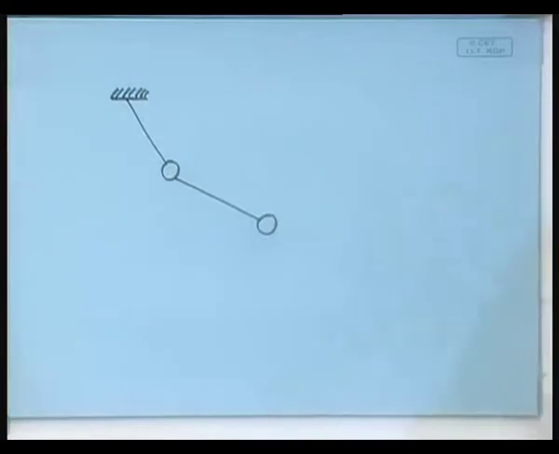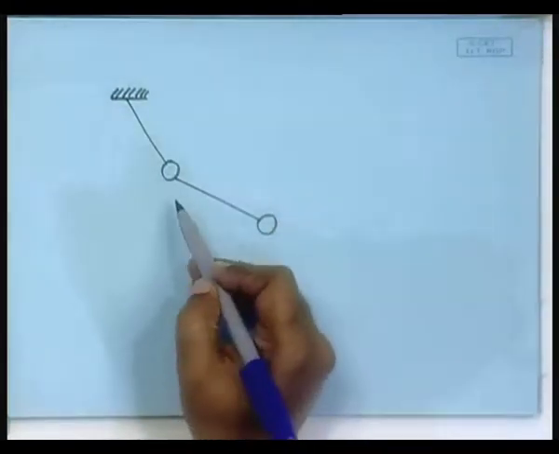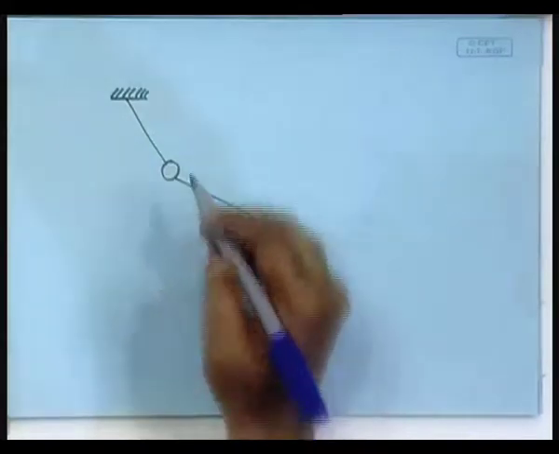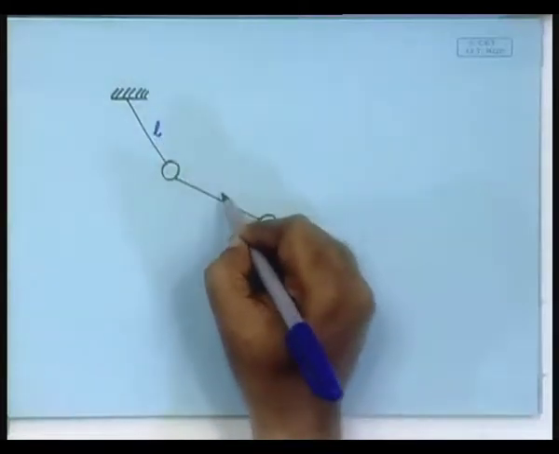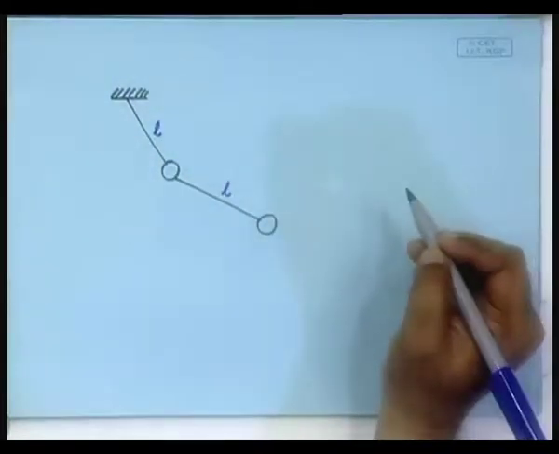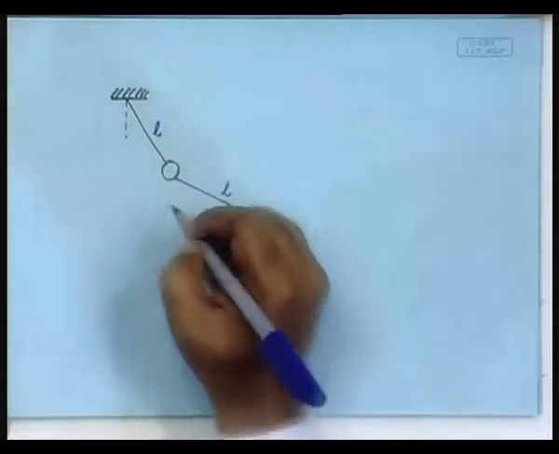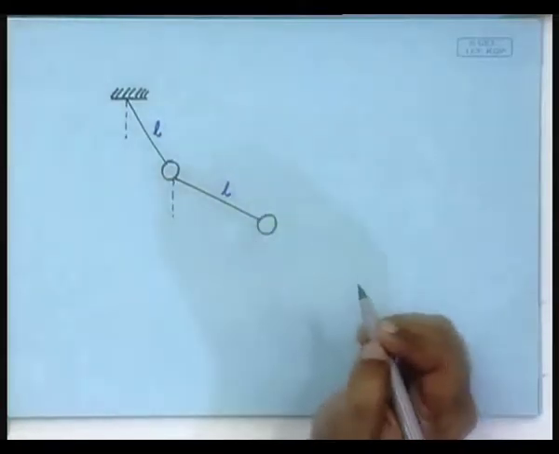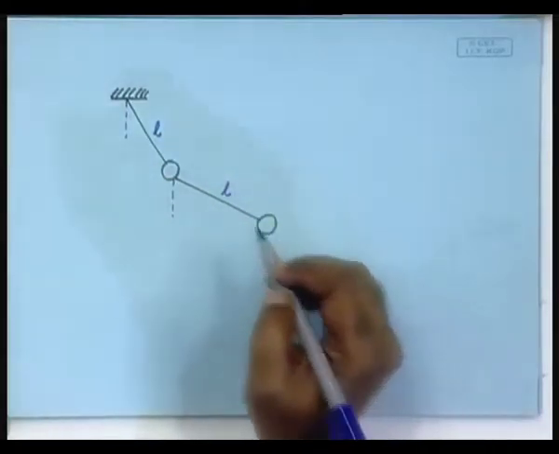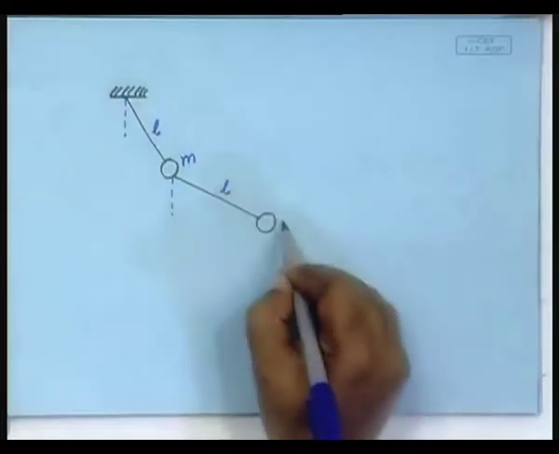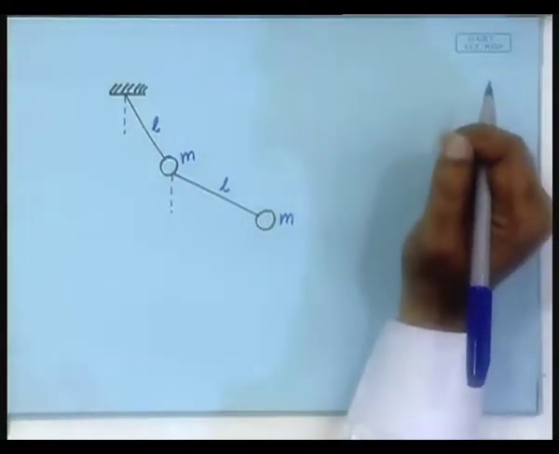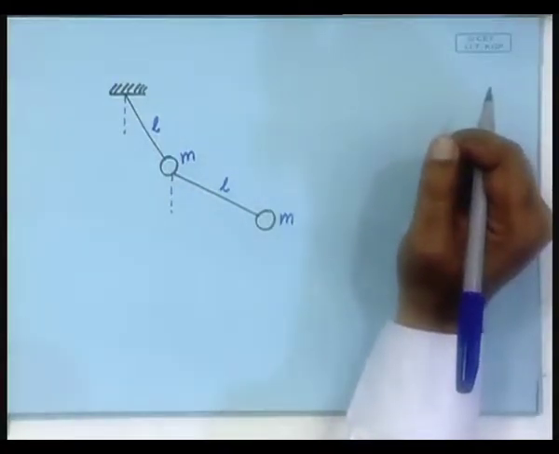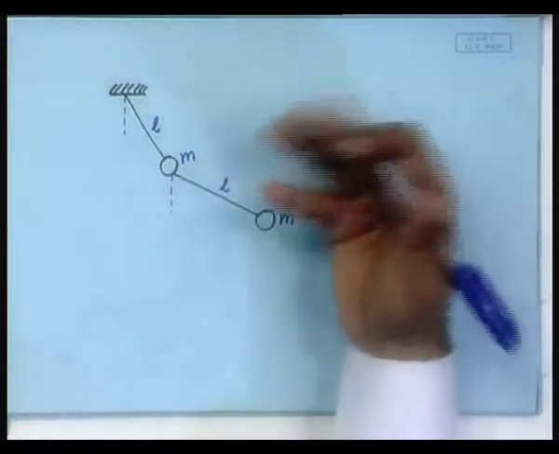How will you do this? It is a double pendulum. Assume for the sake of simplicity that these two L's are the same, because I am more interested in your being able to derive it than the unnecessary complications. So, let these two masses be the same, that will make it simpler. So, how will you define the state variables, the coordinates?